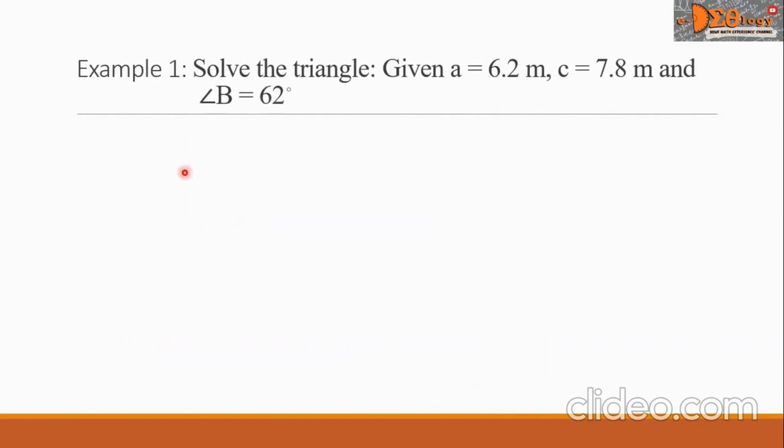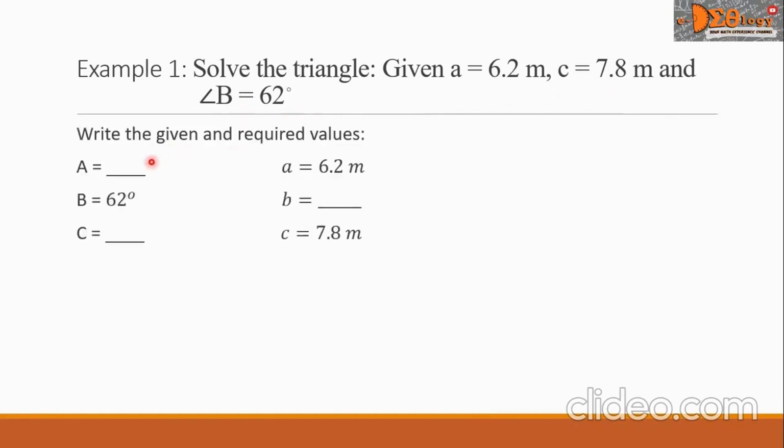Let us now see example 1. Solve the triangle. Given side A equals 6.2 meters, side C equals 7.8 meters, and angle B equals 62 degrees. Let us write the given and required values. On this column are the angles, and the other column here is for the sides.